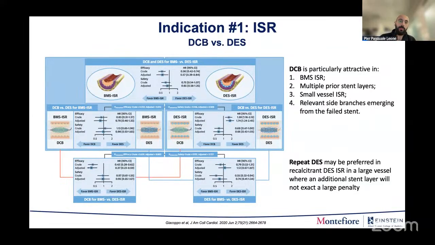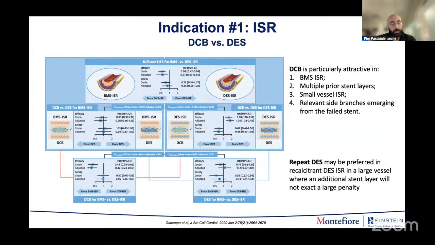So I think that DCBs are really particularly attractive in bare metal stent ISR, multiple peristent layers, small vessel ISR, and whenever we have very relevant side branches that are emerging from the failed stent, and we're afraid that implanting a second stent might actually impact flow and patency of that branch.